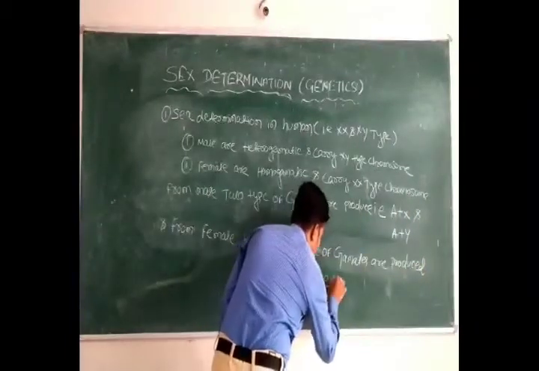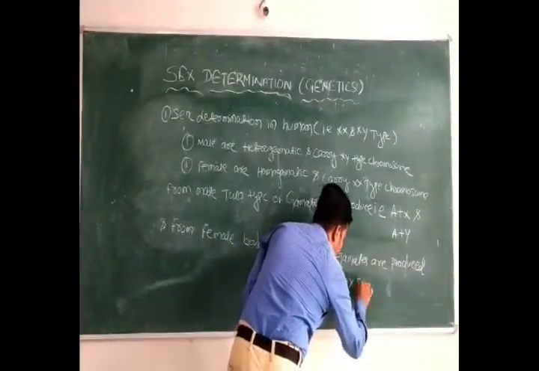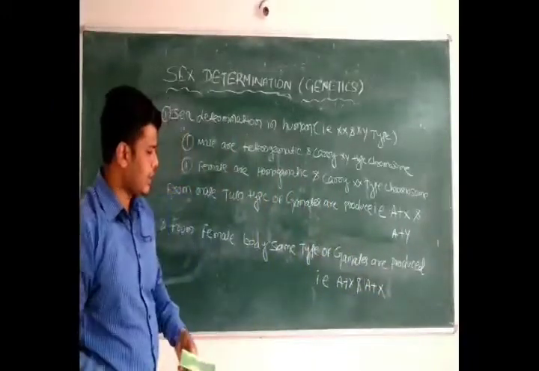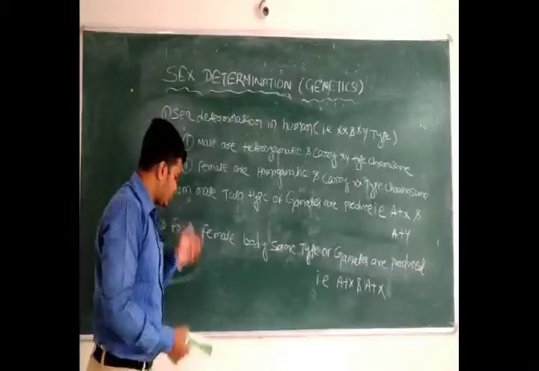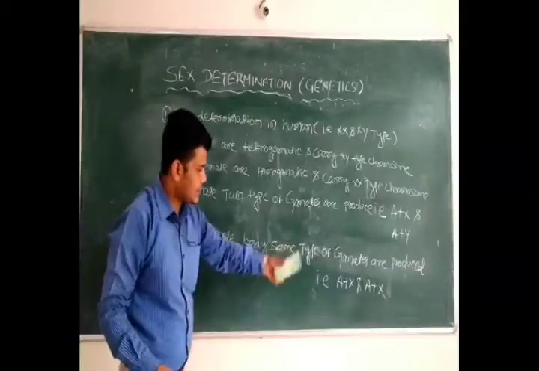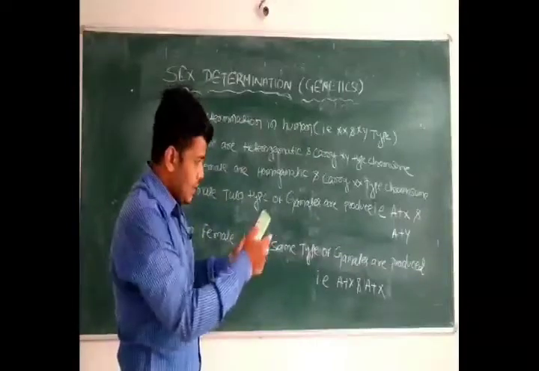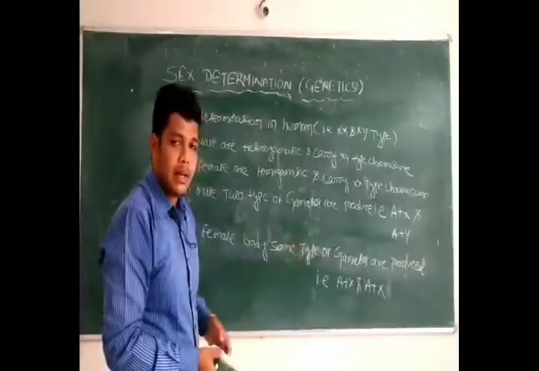From the female body the same type of gametes are produced, that is A plus X and A plus X. Haploid number of gametes are produced. Now we have the 4 types of gametes.